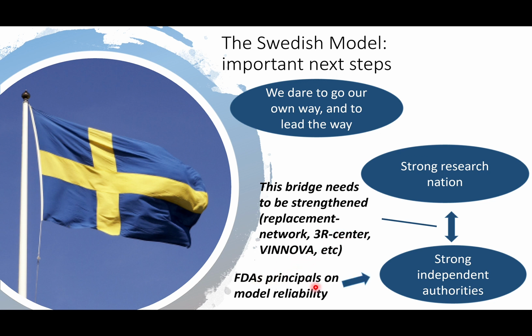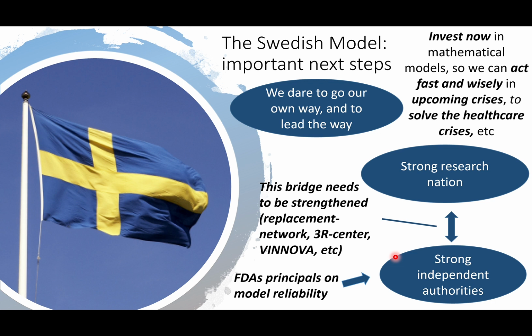This FDA's principle on model reliability needs to be transmitted into more and more applications, and it's only when they are fulfilled that you really should use a model. And we need to invest now in mathematical models so that we can act fast and wisely in upcoming crises to solve the healthcare crisis and so on.